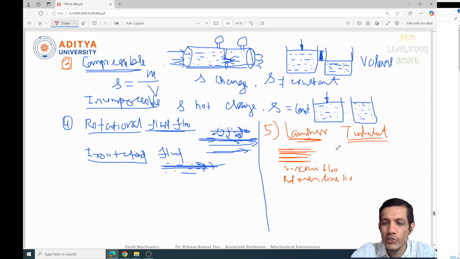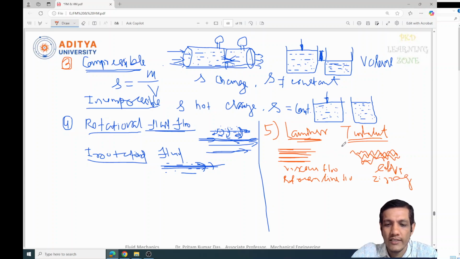Now, which one is turbulent flow? In turbulent flow, the fluid particles move in a zigzag way and there are no proper layer formations. They move here and there, and eddies form. The eddy formation takes place while the fluid moves in zigzag forms.